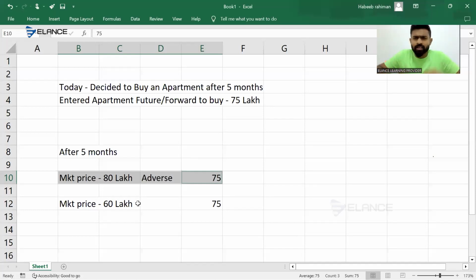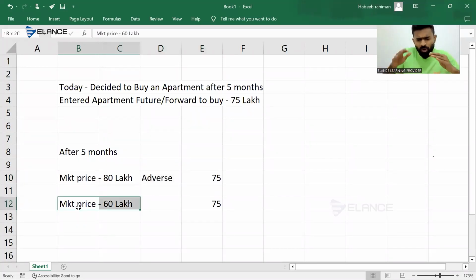Okay. Now again, assume we didn't enter into a future or forward. We are open for that risk. Now the market price of the item that you planned to buy is decreasing.